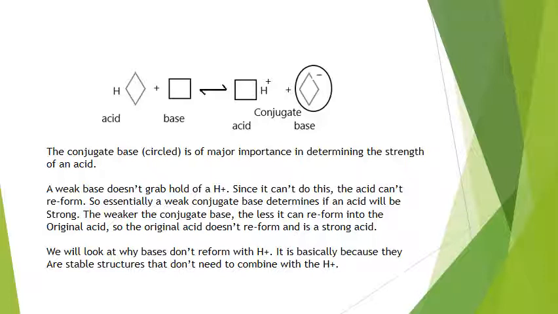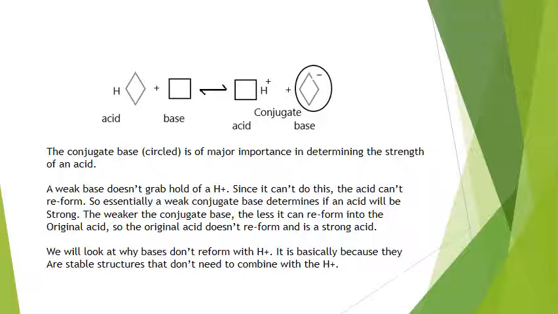If you have a base that has an inability to grab hold of H, and there's a reason for it, it's not a bad thing, then the acid can't reform, and the acid therefore is a strong acid. The way I've come to realize it is that the strong acid isn't really what's important here.